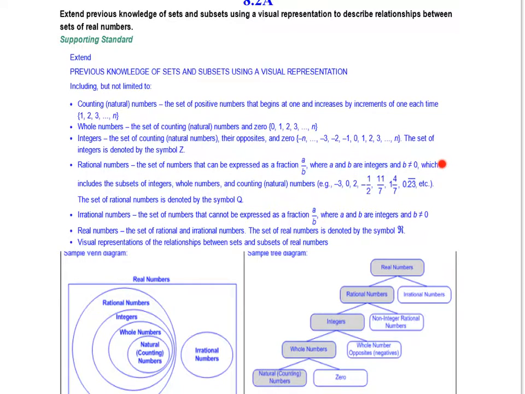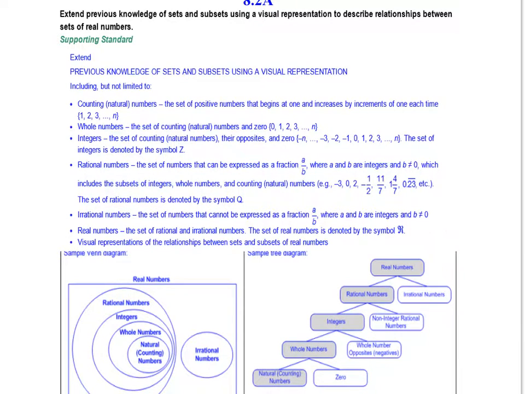So again, rational numbers are numbers that can be expressed as a fraction a divided by b, where a and b are integers and b is not equal to 0, which includes the subsets of integers, whole numbers, and counting numbers.